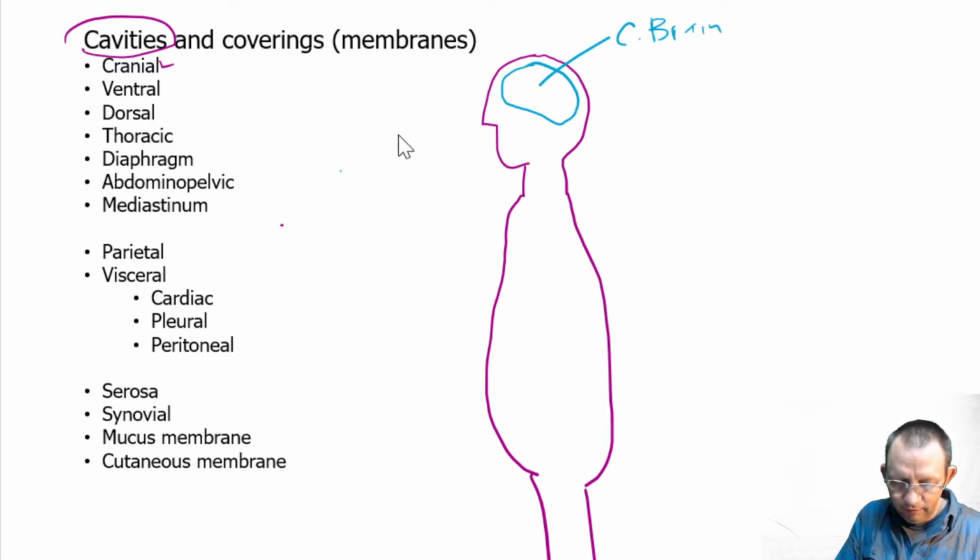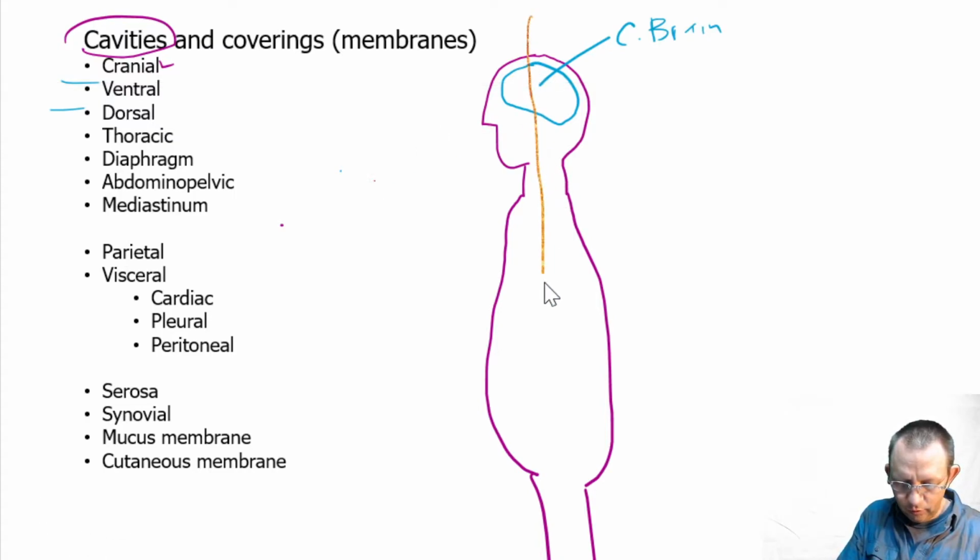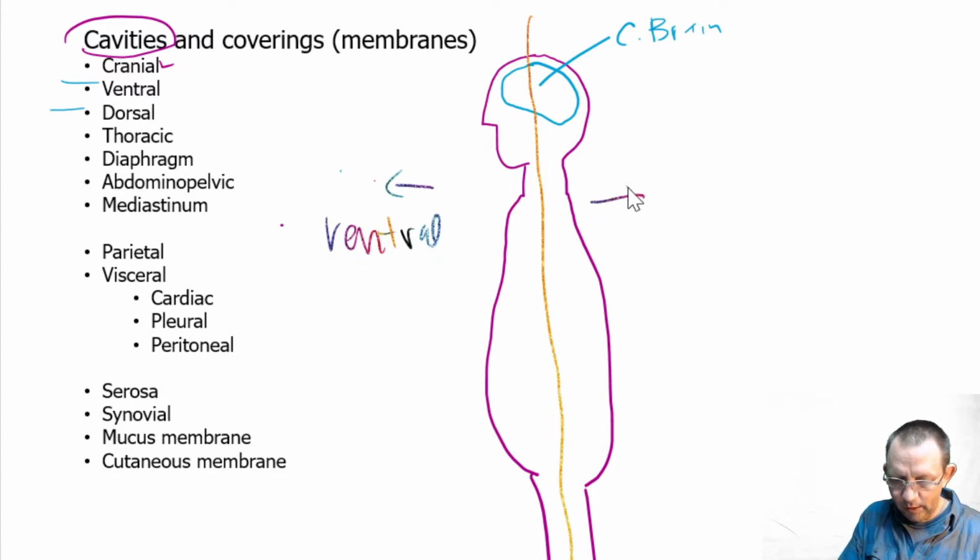And then we have the ventral and dorsal. Ventral is going to be the front side of the body. Basically anything this way is ventral, and everything this way is dorsal.